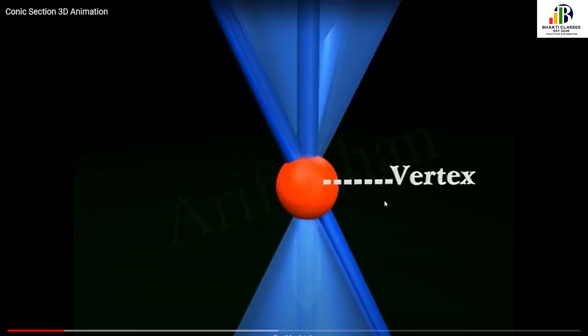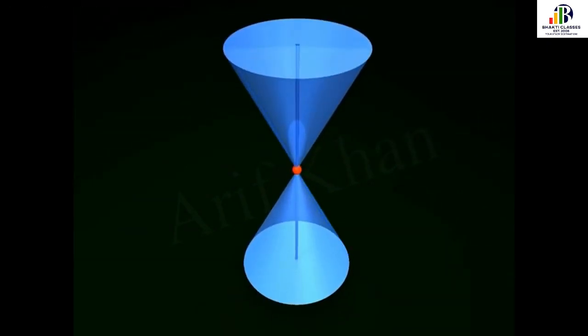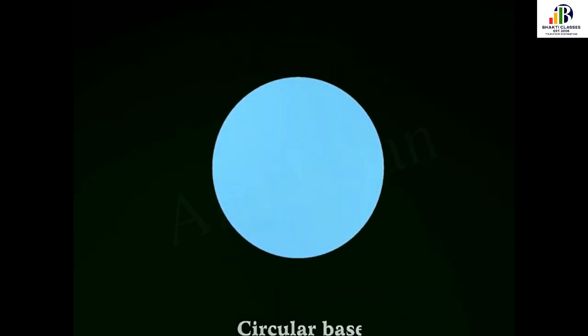The point about which we are rotating is called the vertex. The slanting line is known as the generator, and the vertical line is the axis about which that generator is rotated. This is called the circular base.